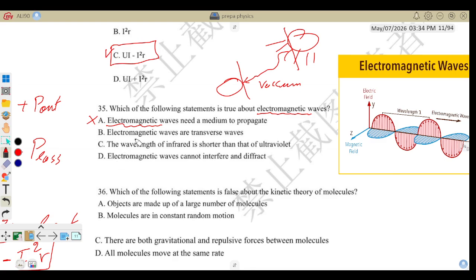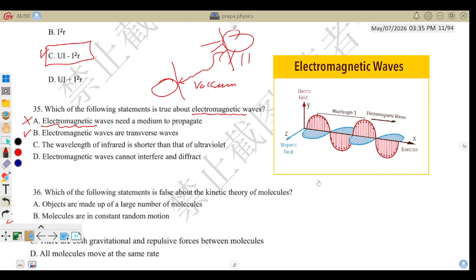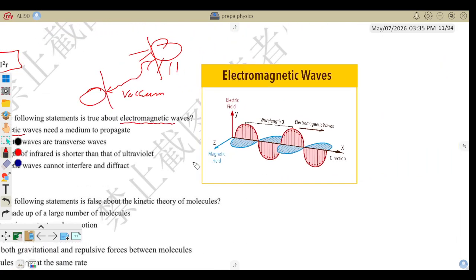For B, we have: electromagnetic waves are transverse waves. This is actually the true answer. We have here the representation of the electromagnetic wave. An electromagnetic wave is composed of two fields: the electric field that moves sinusoidally, with the oscillation perpendicular to the direction of propagation, and the magnetic field, and they are perpendicular to each other as well.